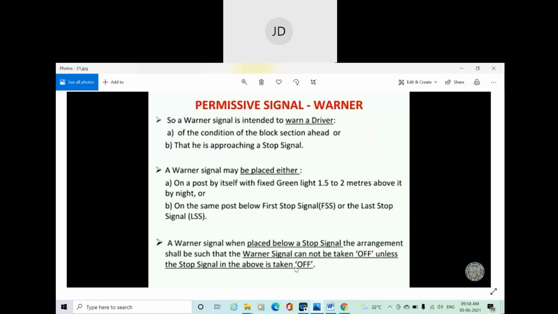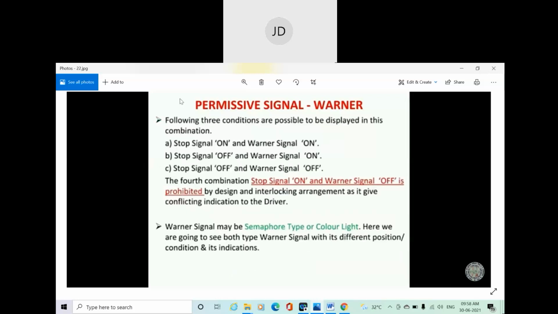That means the following three conditions are possible to display in this combination, whenever a Warner signal is installed along with the stop signal. Basically, we are going to discuss the combination of on and off here. When a stop signal is on, the Warner signal has to be on.